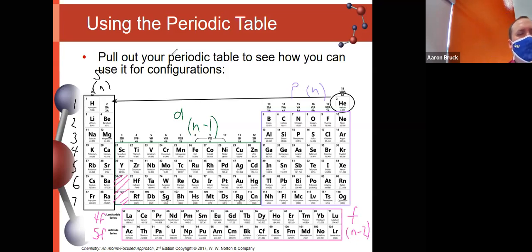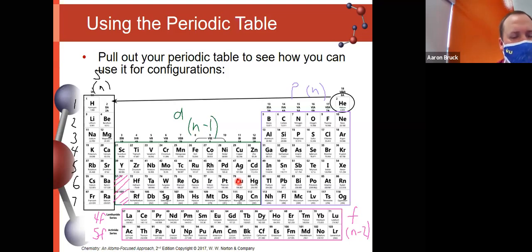So if I need to do the electron configuration of gold, for example, gold, element number 79, well, you can see there that on the way to gold, I'm going to have to go through this F block. And I'm just going to have to deal with the fact that there's a 4f14 in there because all of the F block is completely filled because we have to go through those elements to get to gold. That's the only thing we're going to work on from there.